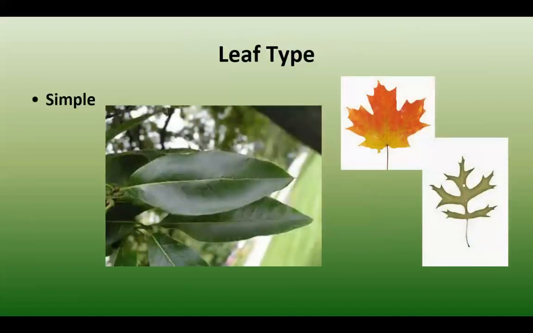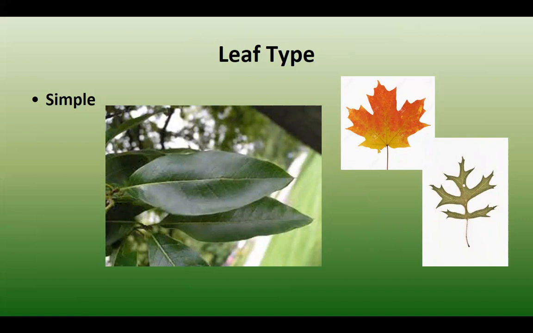Here we have simple, and this large picture here shows the shingle oak, and you can actually see the little bristle at the end of the shingle oak, and we'll talk about that later when we're discussing it in detail.